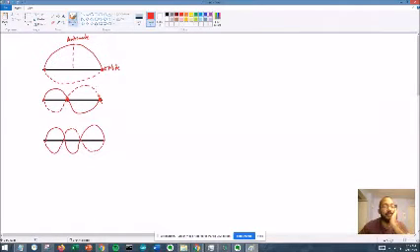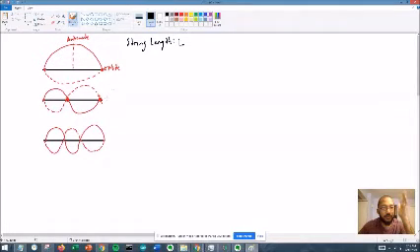Where does that come from? We can derive where it comes from. If I know the string length is L, how does the length L, this black line, relate to the wavelength of the wave?